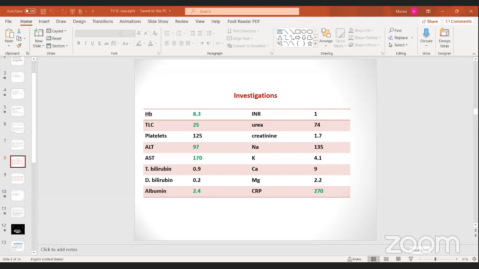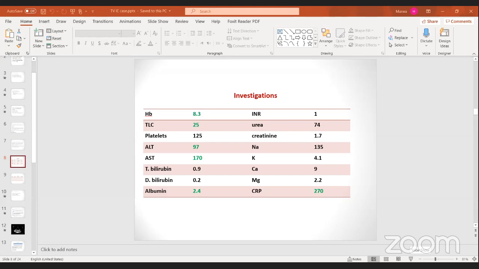PET scan has been added by the European guidelines, the most recent one, 2015, as one of the criteria for the diagnosis of infective endocarditis. It was added as one major criterion to the modified Duke's criteria.